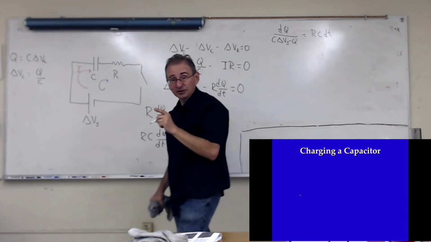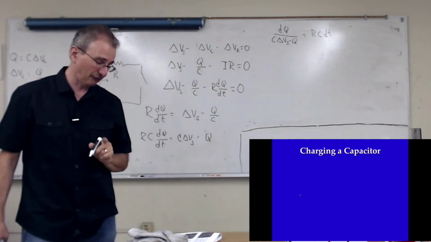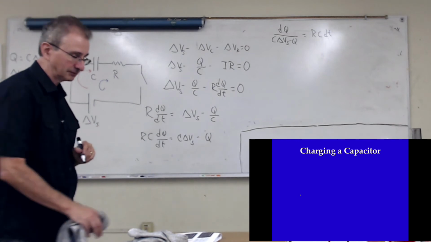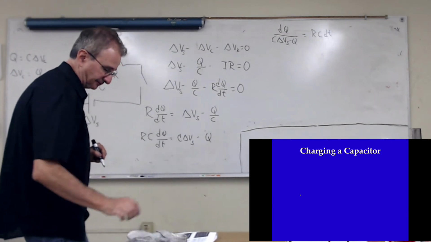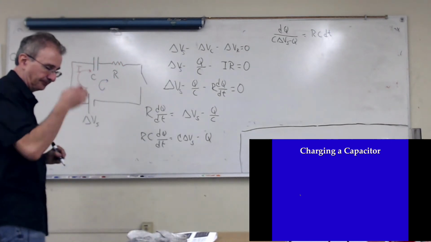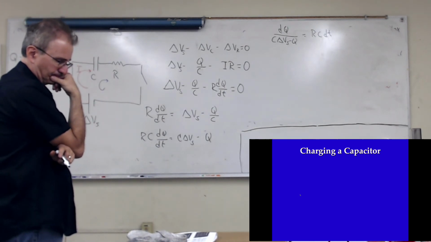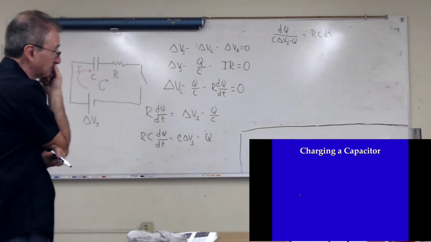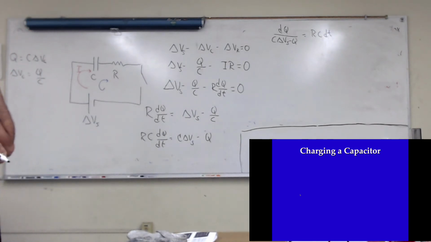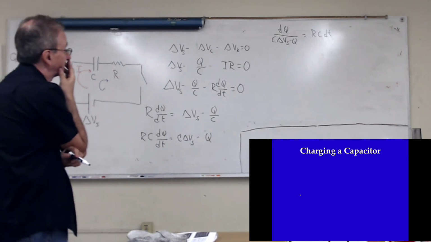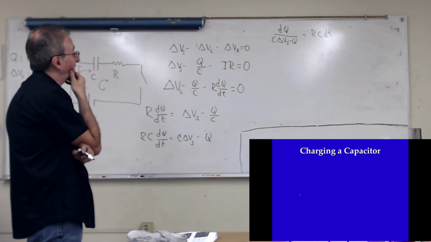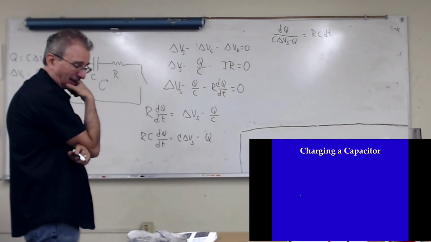So now I'm in a position to integrate because I've separated variables, right? Let's see. How can I do this easily? When I integrate this, what am I going to get?